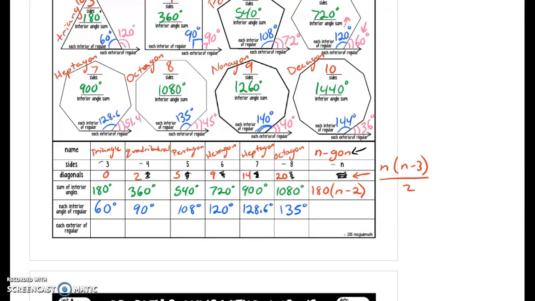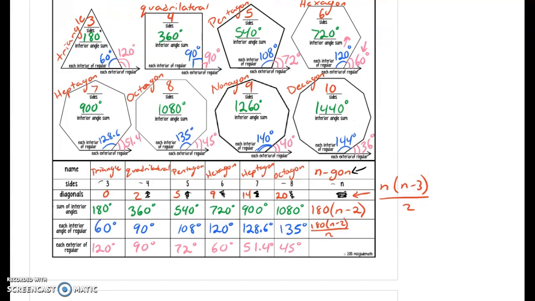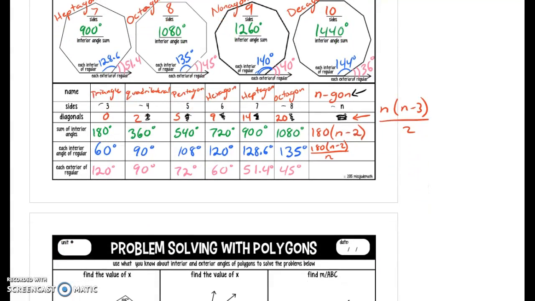For the n-gon, no matter what sides, it is 180 times n minus 2, just like the sum of the interior, except we're dividing it by the number of sides. Now each exterior of a regular is shown. This equation may be one of the easier ones to memorize because it is only 360 divided by n.